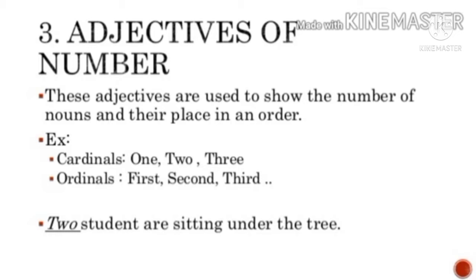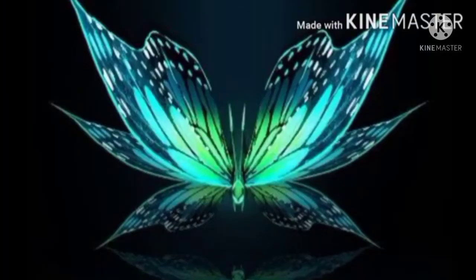Order of nouns means first, second, third, fourth, fifth, like that. Order of nouns or the exact numbers comes under the category of adjectives of number. Other than that, whenever we are answering questions like how much or how many, it comes under the category of quantitative adjectives.